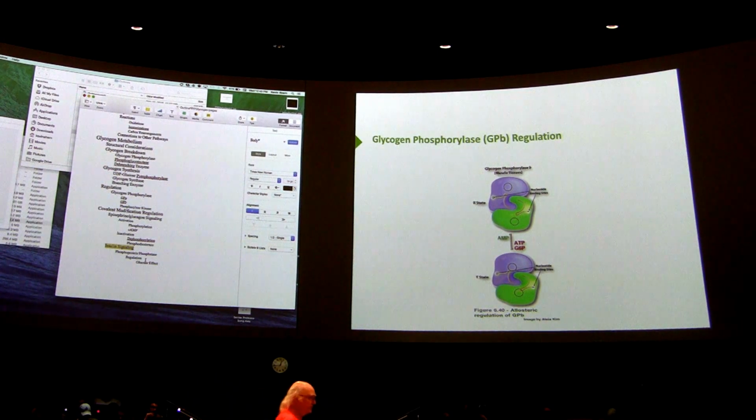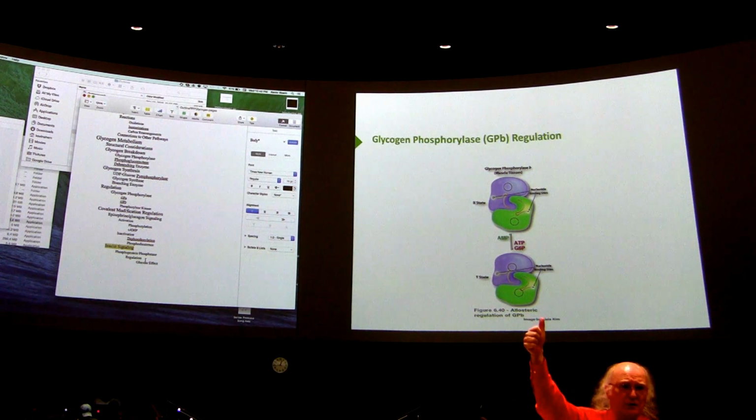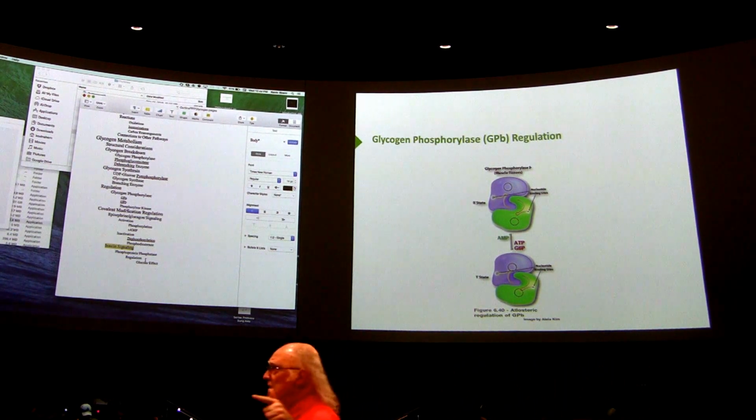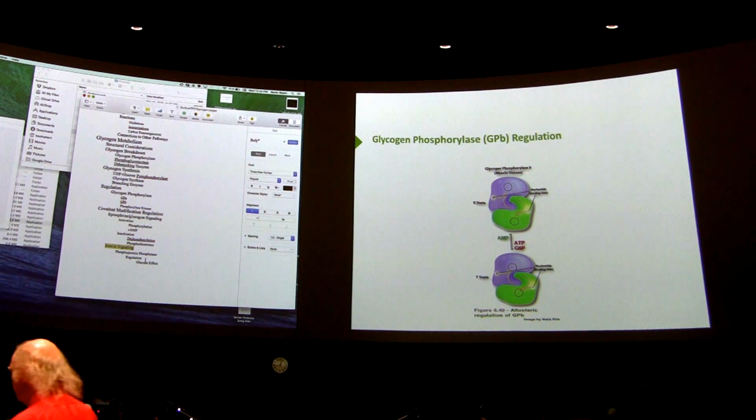They'd both be in the T state, right? I'm sorry, in high energy, they'd both be in the T state. That's right. I got it backwards in my head. They'd both be in the T state because we would have glucose, which converts the A into the T state. We would have ATP and/or G6P, which would convert it into the T state.